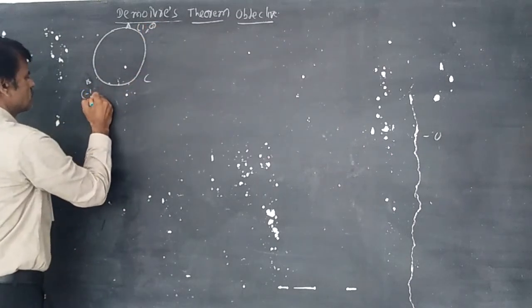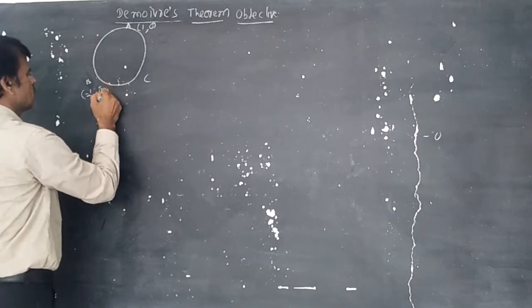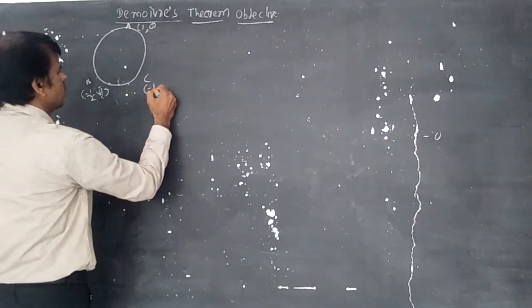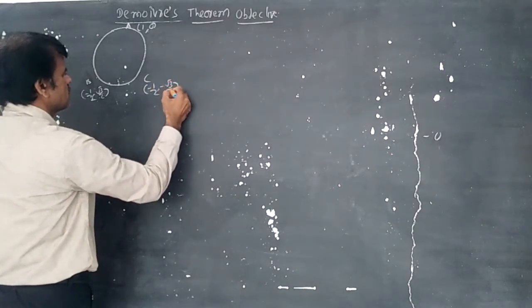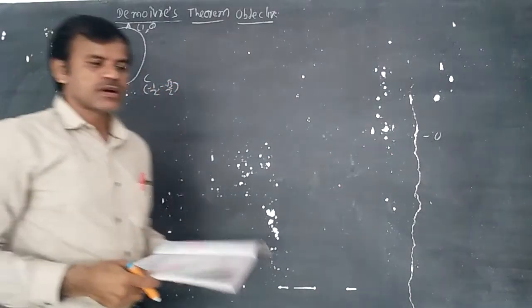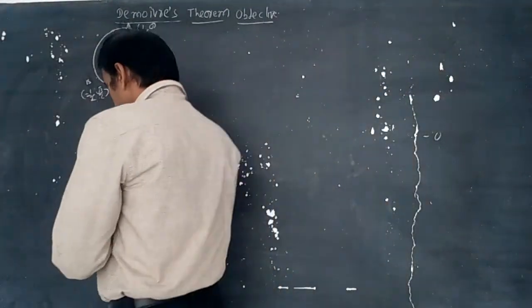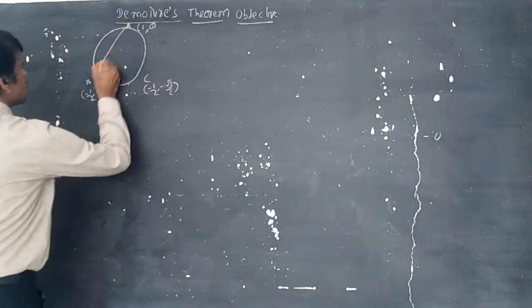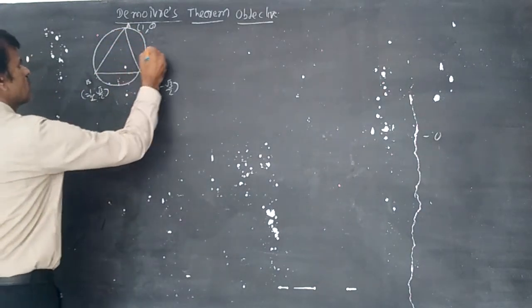B is equal to minus 1 by 2, comma root 3 by 2. C is equal to minus 1 by 2, comma minus root 3 by 2. A, B, C are the vertices of the triangle. Let us calculate. We know, I already said the proof, that the distances AB, BC, CA are equal.